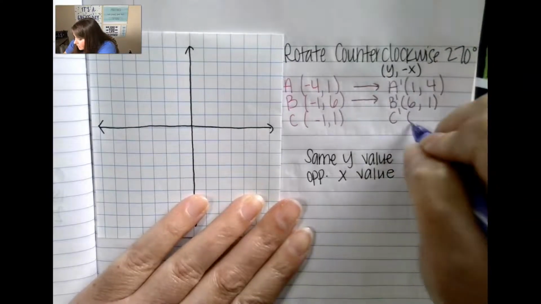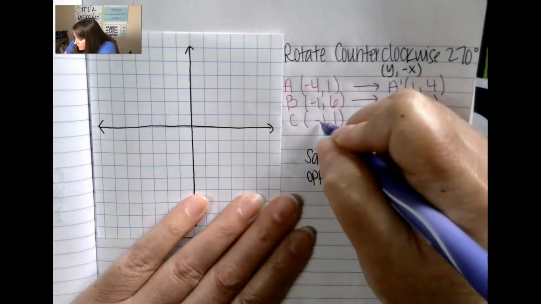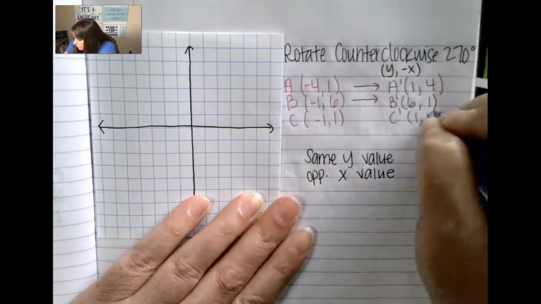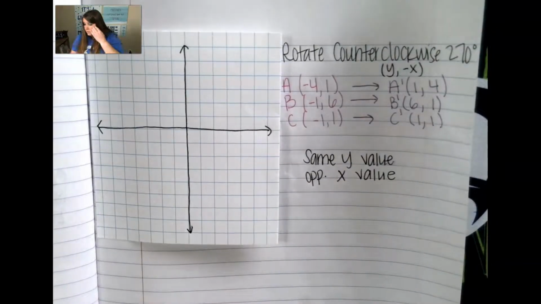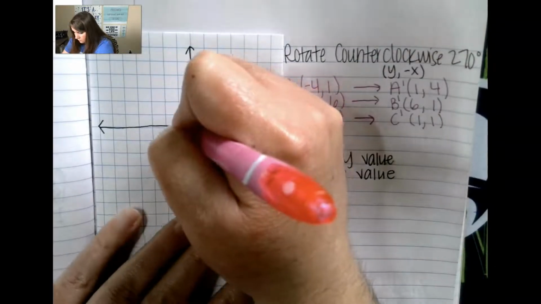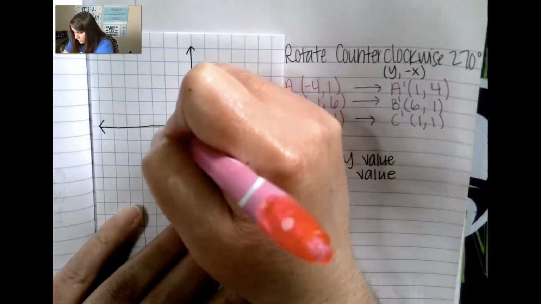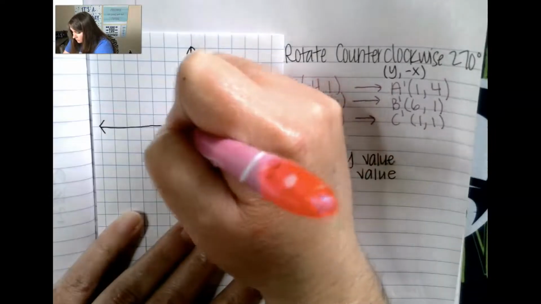And last but not least, same y value, which is 1. Opposite of -1 is +1. So let's go ahead and graph both of these. I forgot to graph that one like I said I was going to. So let's go -4, 1, 2, 3, 4, +1.